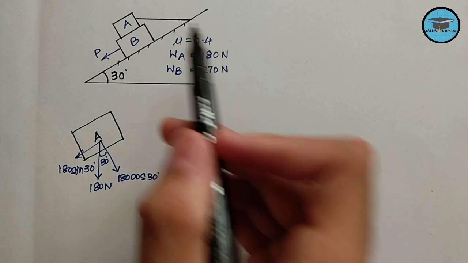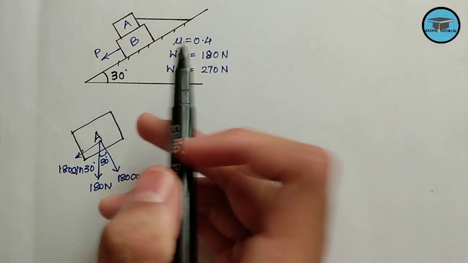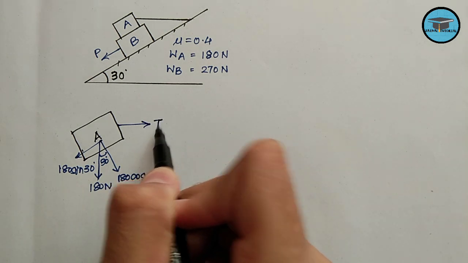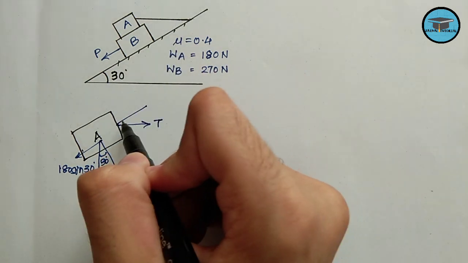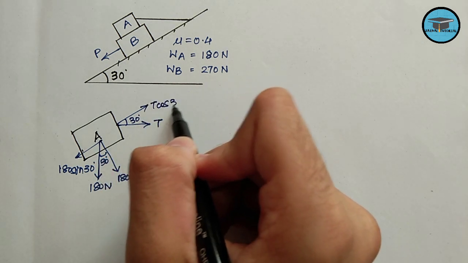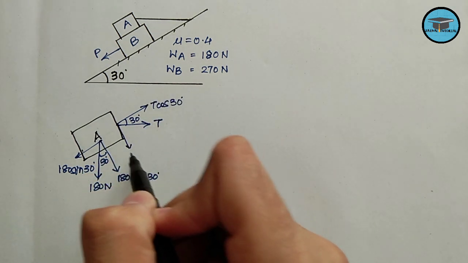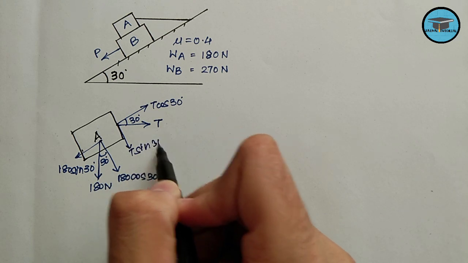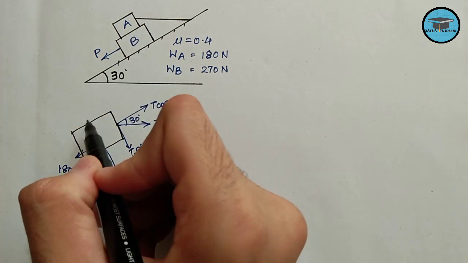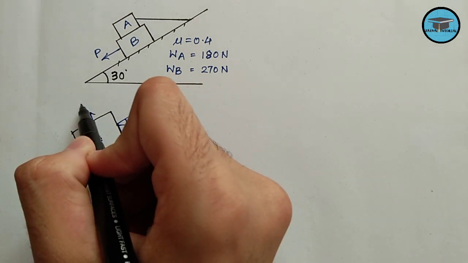Also there will be tension in this string, so we are denoting it as T. This angle would also be 30 degrees, so this component would be T cos of 30 degrees, and this component would be T sine of 30 degrees. Also there will be a normal reaction due to this contact surface, so let us name it NAB.